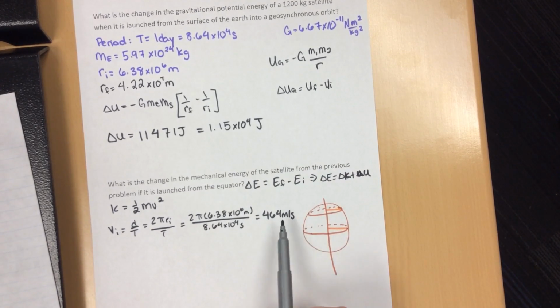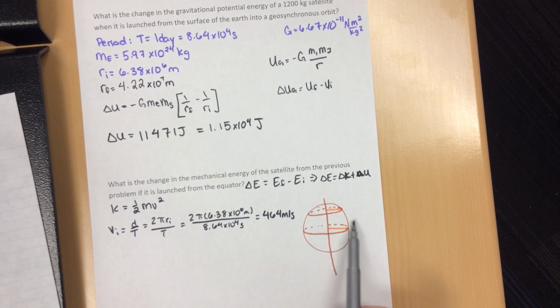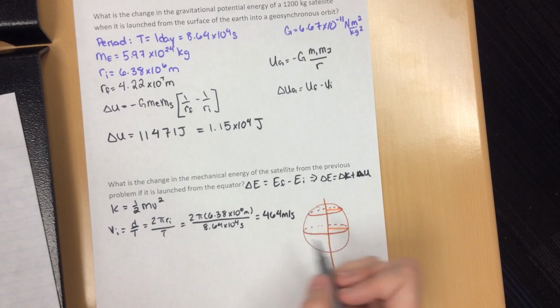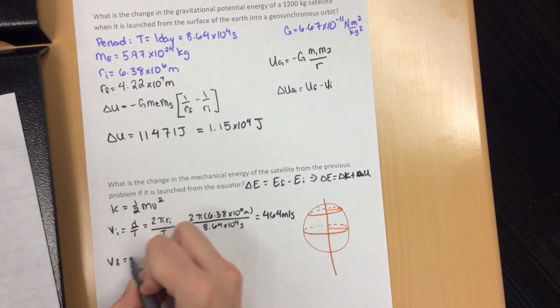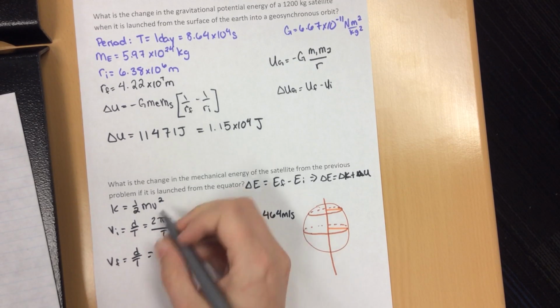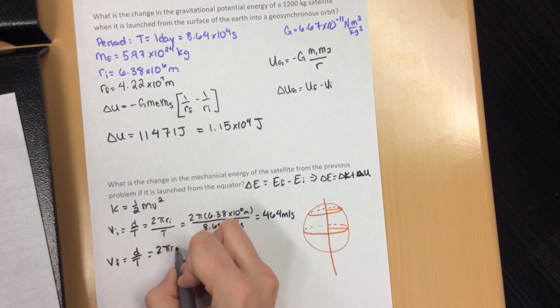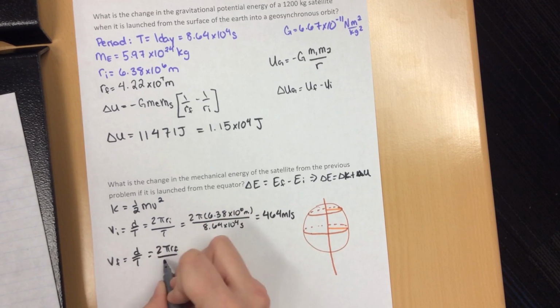That's the velocity of the satellite as it sits on the equator moving with the surface of the Earth as it rotates. Now we're going to look at what that velocity is now that it is farther away from the center of the Earth. It is now our final radius that we're looking at.